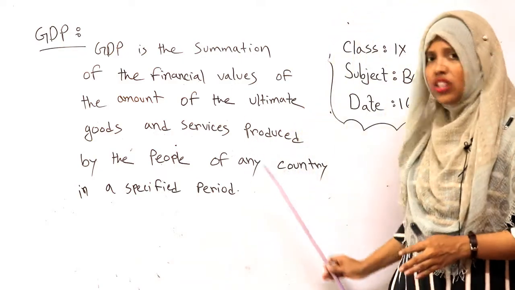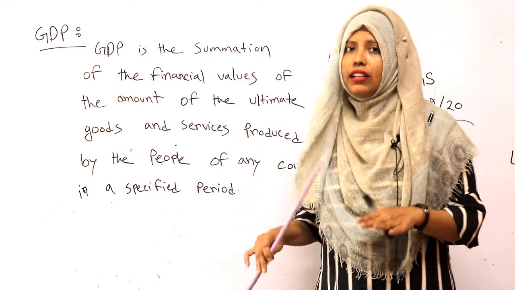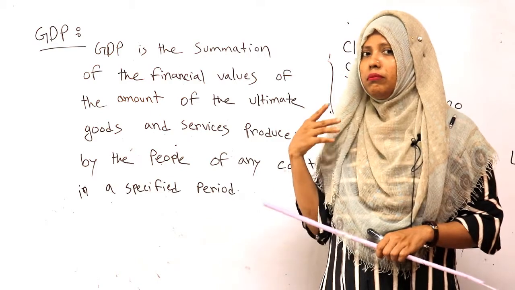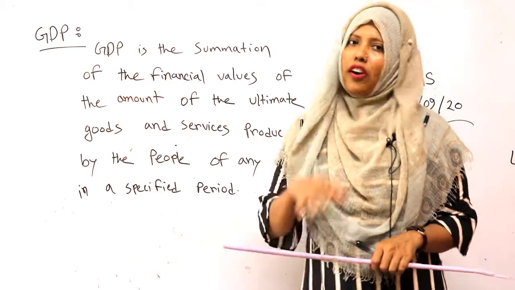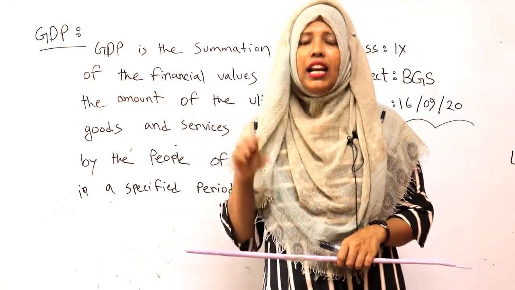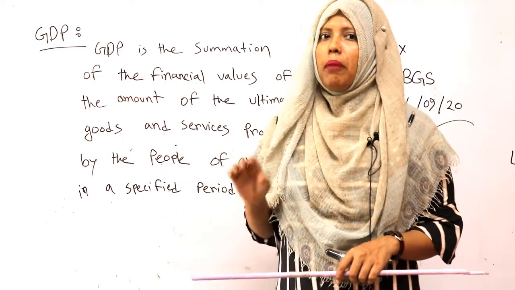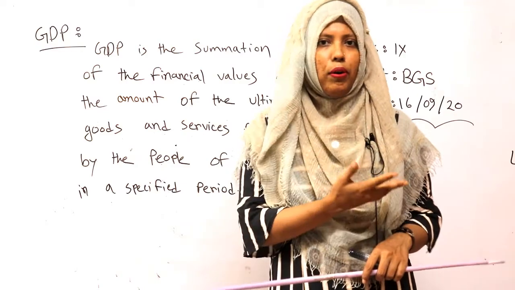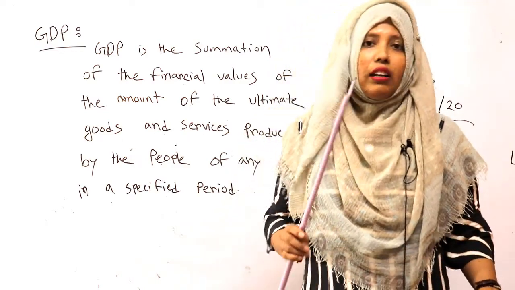But in GDP, the income of the people within the country or within the territory of Bangladesh is included, like the foreigners' income. Any foreigner who lives in Bangladesh, their income is included in the GDP. But the citizens of Bangladesh who are living abroad, their income is not included in GDP.